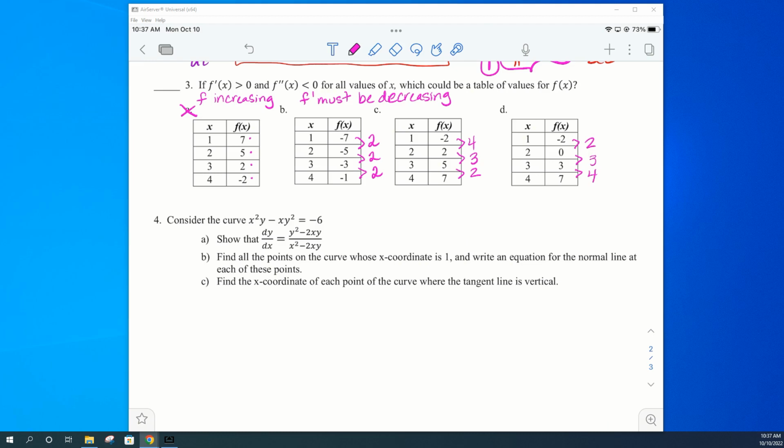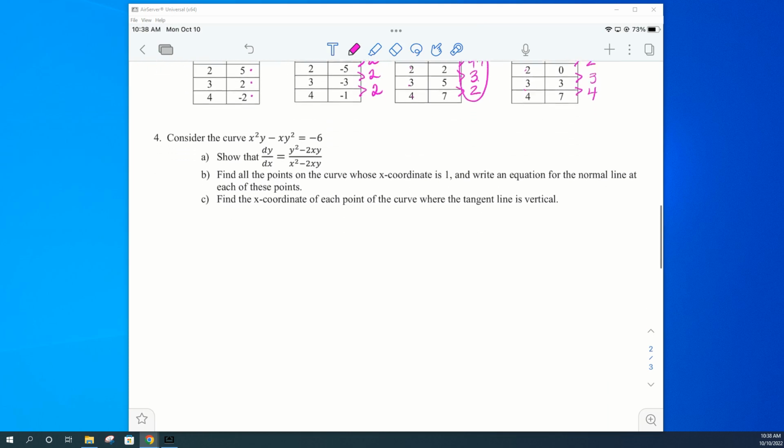So that's telling you the change, if I found the slope between those points, it's kind of showing me the change. Notice that each of these is going up by 1. So I can very quickly get those values. Well, if f prime must be decreasing, then I'm looking for this one right here. And so C is my answer.